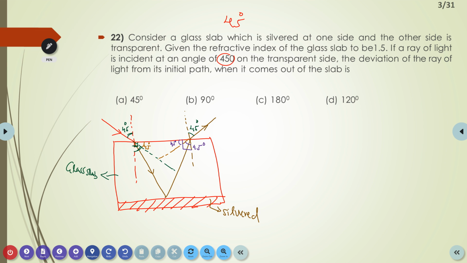Now these two rays, this is 45, this is 45. Certainly this angle is 90 degree. Here he is asking how much the incident ray is deviated. Actually, it is supposed to travel in this direction, but it is traveling in this direction. So it is deviated by 90 degree.